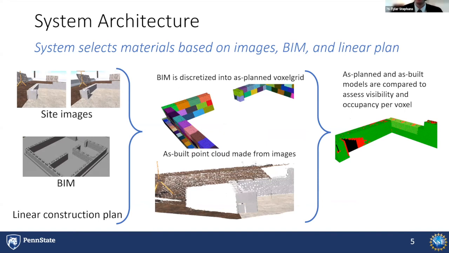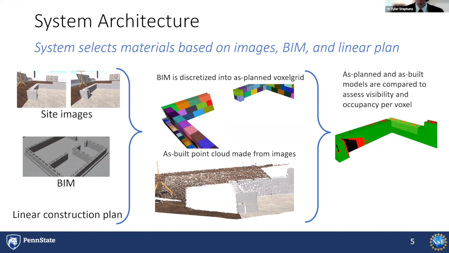Because our experiments focus on masonry tasks, we have provided the locations of all the blocks within the BIM. The linear construction plan is a very detailed sequence of activities that is assumed to be linear. So there would be like a step 1 to place blocks 1 through 3, a step 2 to place blocks 4 through 6, and so on. And those steps have to be performed in that order.